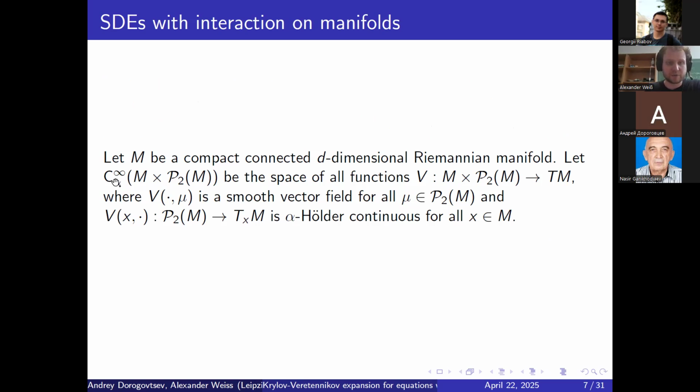And therefore, we will denote this space of C^{∞,α} functions. Here I have forgotten, I'm sorry, the tangent bundle, but it's functions which go from M times the Wasserstein space into the tangent bundle in the following way. So yeah, these are the types of functions we look at.